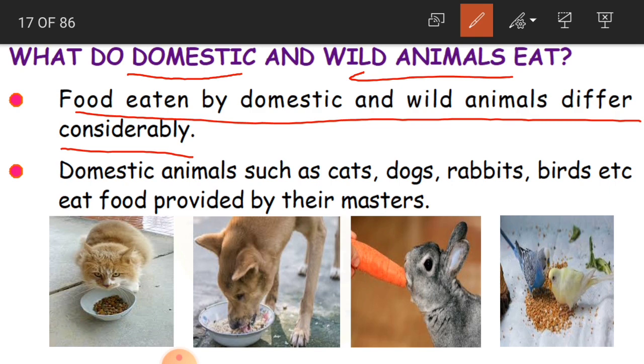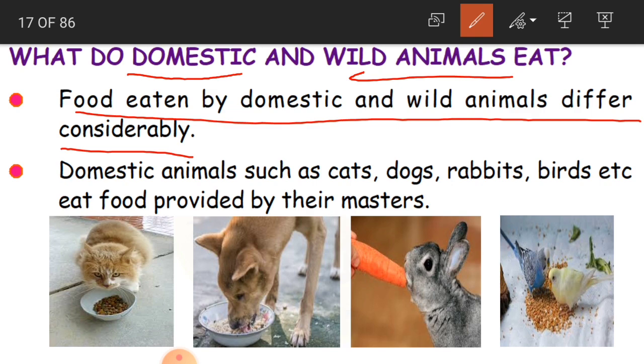Domestic animals, children, for example, can we name some? Like cat, dog, rabbit, as I said, parrot, some birds, even cows and hens, all that come under domestic animals. When you say wild animals, lion, tiger, zebra, elephant, all this, which live in the forest, come under wild animals.